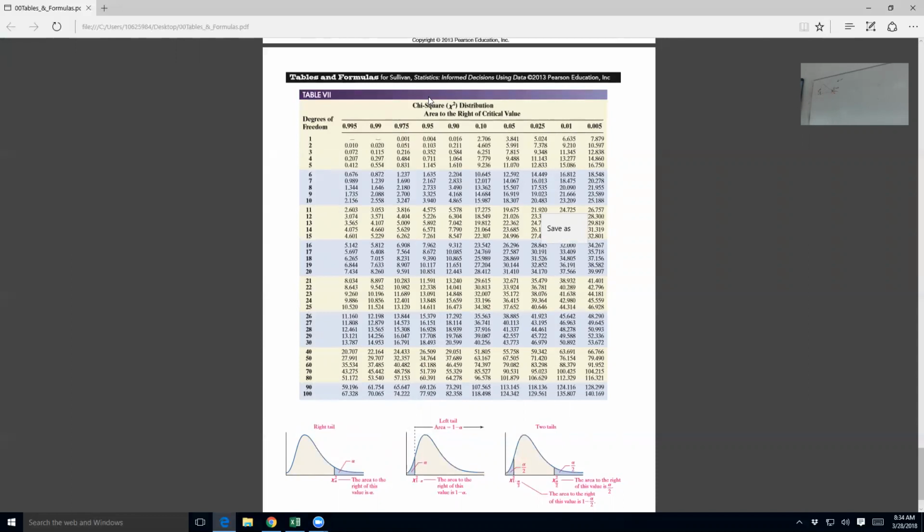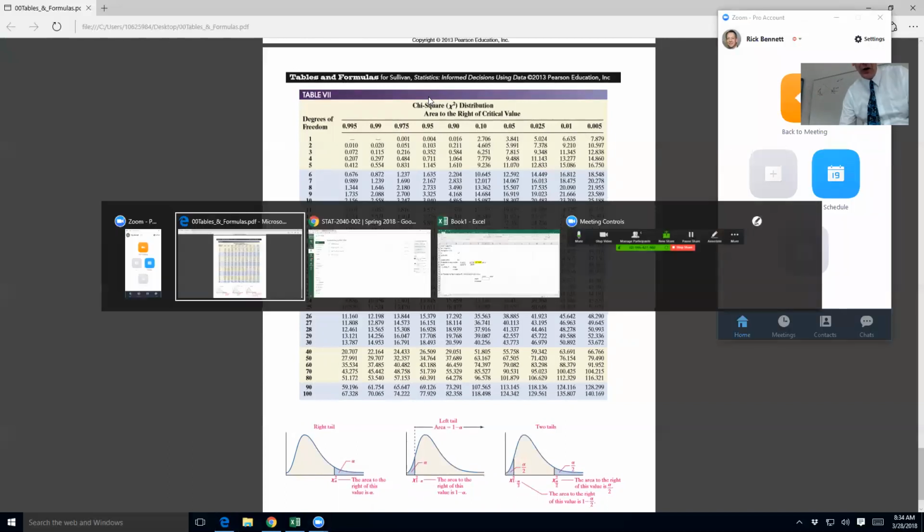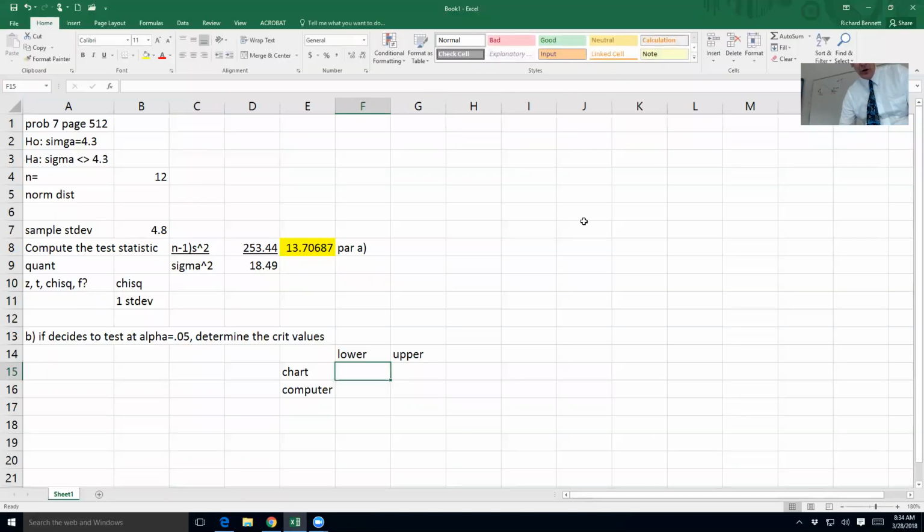Okay, 11 degrees of freedom gives me 3.816. So to answer that question with the chart, 3.816 on the left and 21.920 on the right.